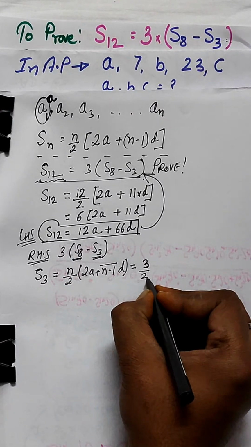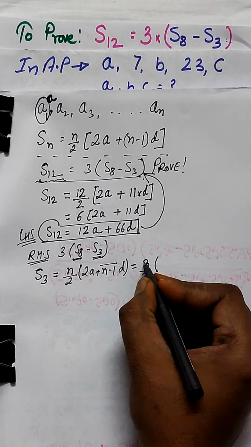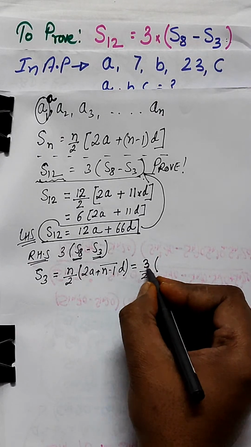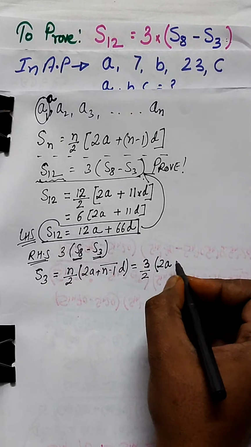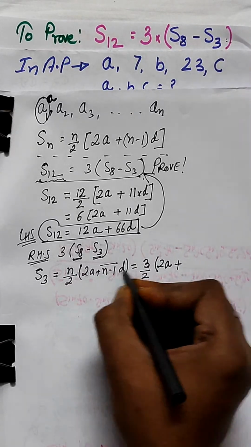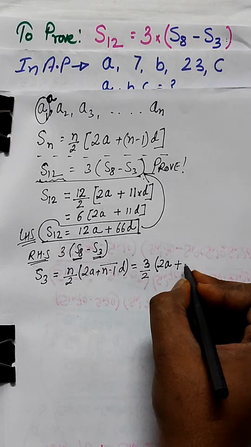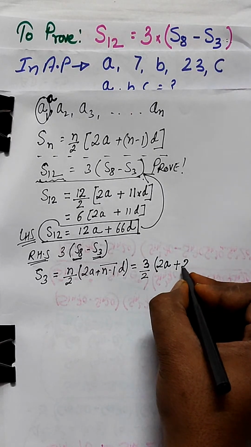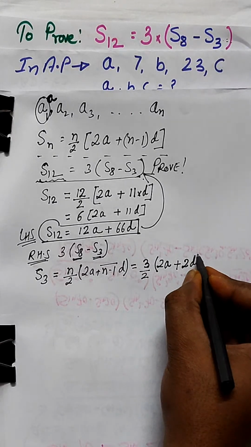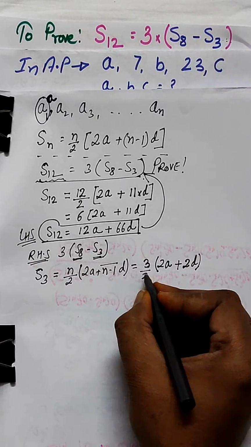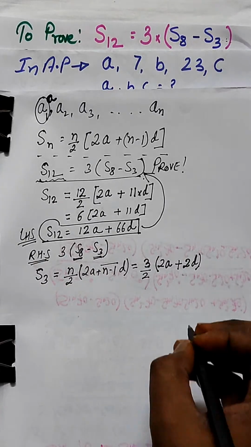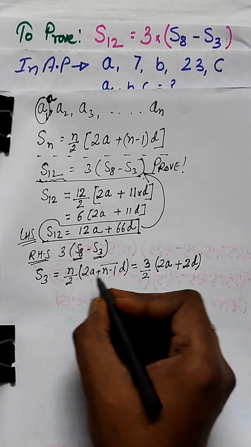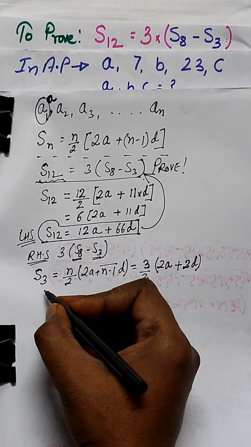So it will be 3 by 2 into (2a plus (3 minus 1) d), which comes as 3 by 2 into (2a plus 2d). So this is the value of S3.